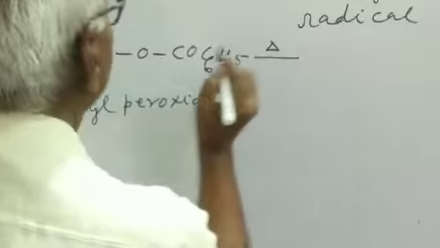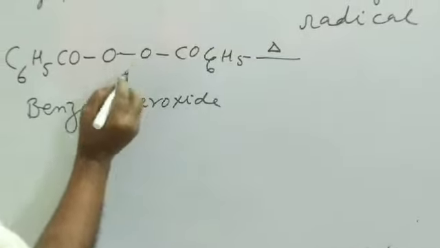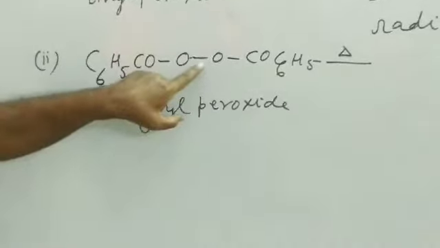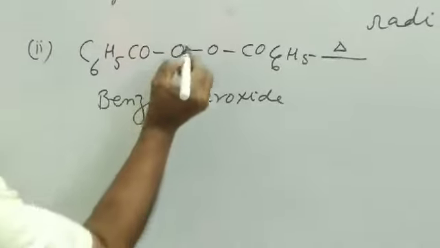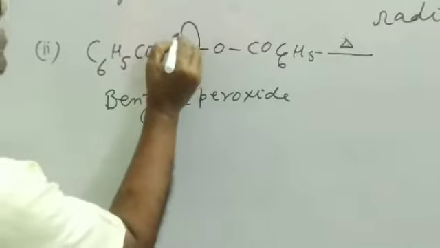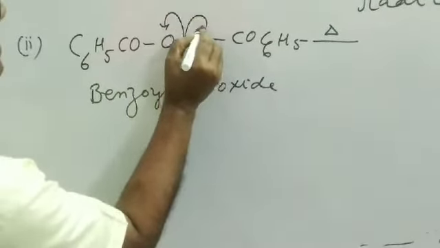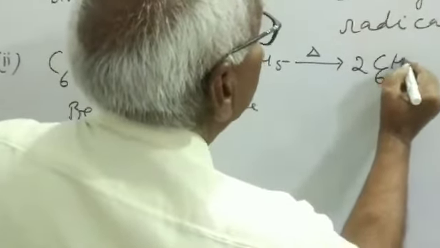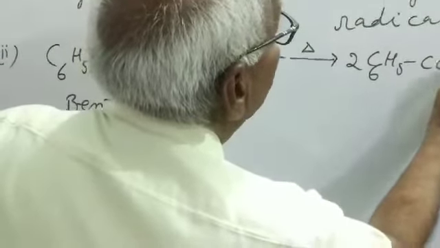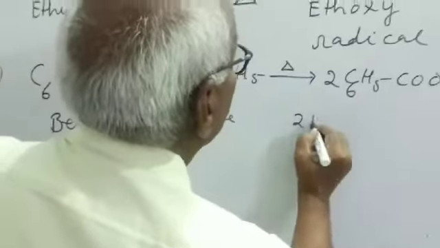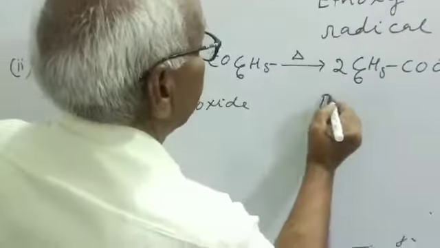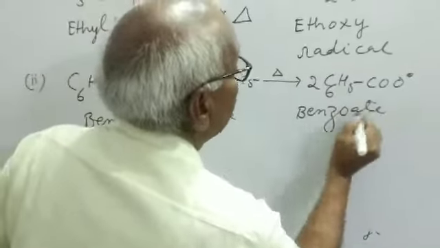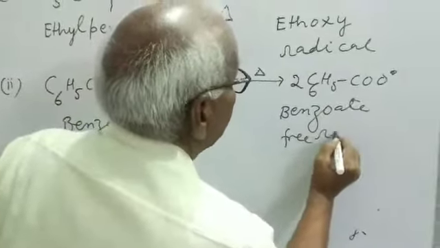When heated, now look over here, this peroxide linkage is a shared electron pair. So it has two electrons, one goes over here and another goes over here. So it produces two benzoate free radicals.